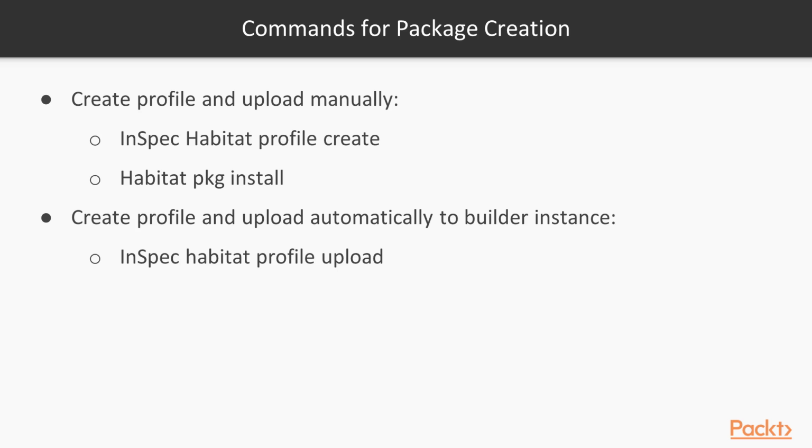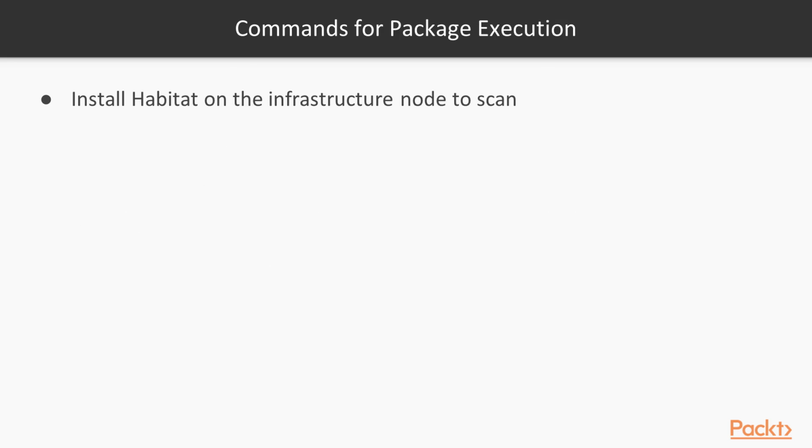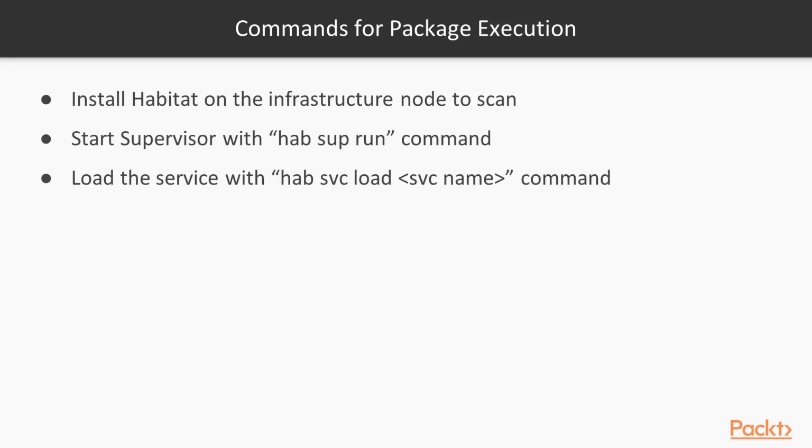Once the package is uploaded to the Chef builder instance, we move on to the infra node where we want to run the scan. There, Habitat has to be present so that we can start the supervisor with the supervisor run command. Then we load the service by specifying the package name, which needs to be taken from the builder instance, and the profile starts executing in a loop.